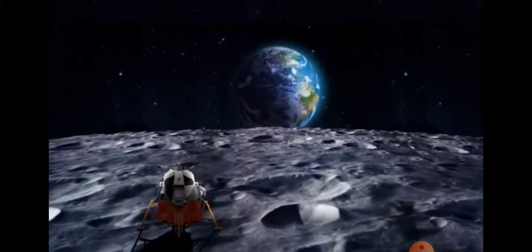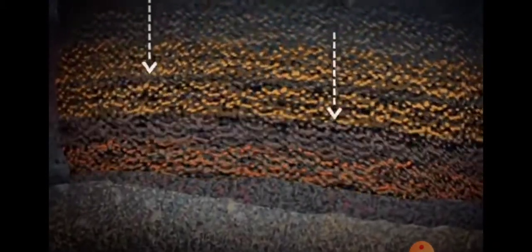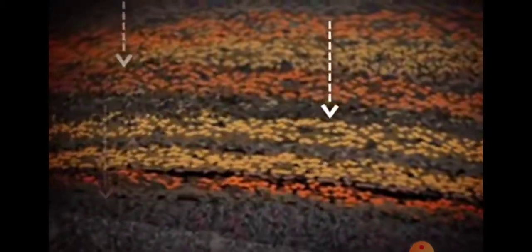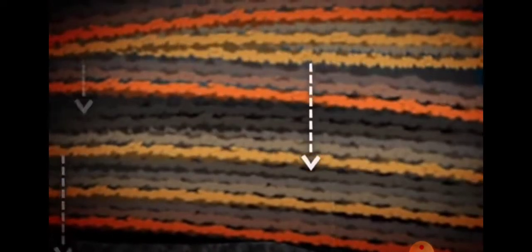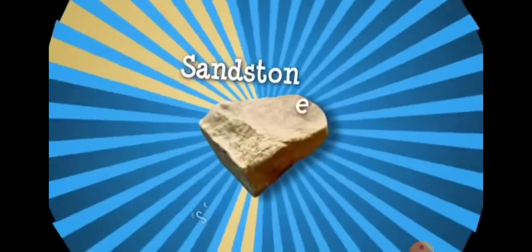Over time, rocks are broken down by weathering effects like water, wind, heat, or ice. Small fragments, known as sediments, wash into lakes, rivers, and the sea. Here, layers of sediments compact and cement together over millions of years to form sedimentary rocks, like sandstone.